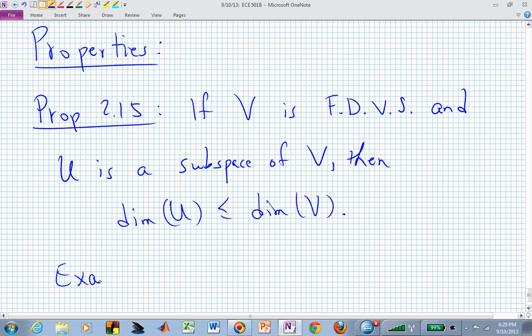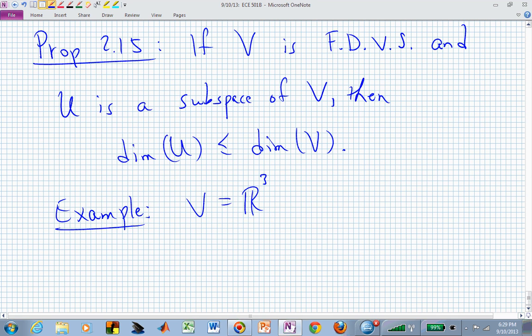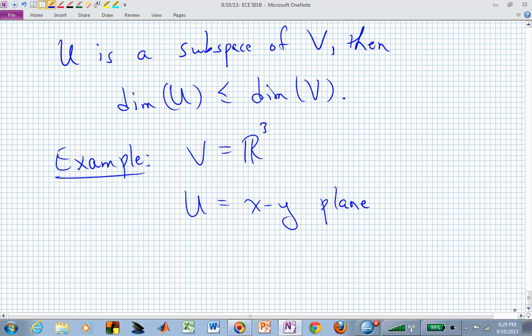For example, if we had V equal to our standard three-dimensional space, and if U is now equal to the xy plane, then we know that the dimension of U is 2, and the dimension of V is equal to 3.